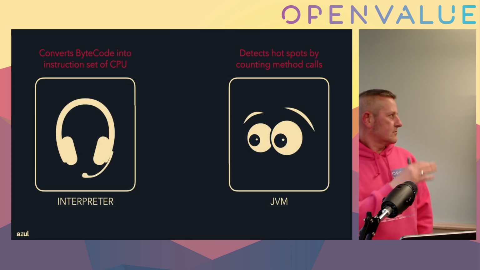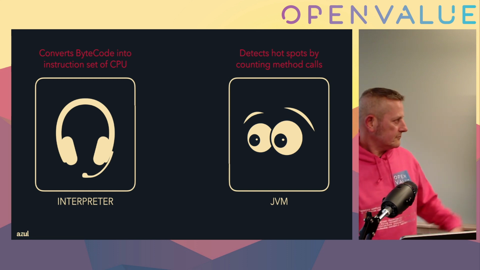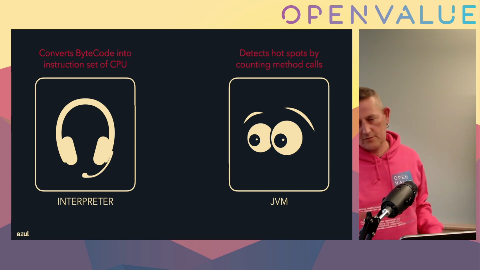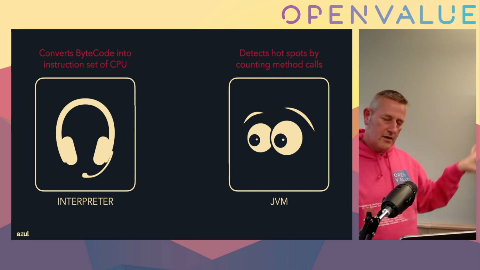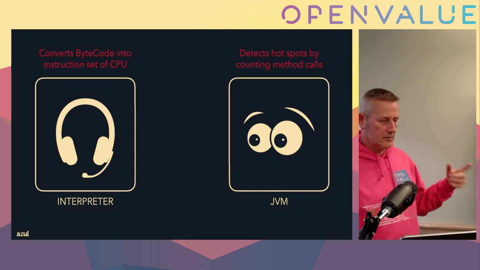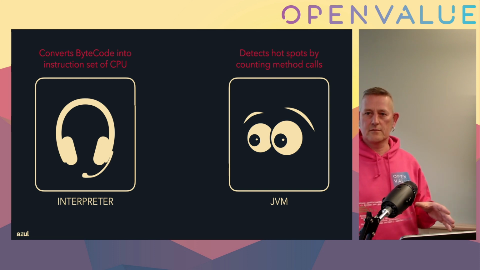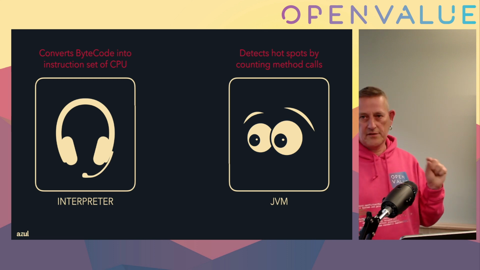What happens is the interpreter takes the bytecode from our class file, interprets it line by line, and converts it into the instruction set of the CPU. And the JVM is profiling it, it's looking at what's happening, it's counting methods. That's how often the method is called. Something that many people don't know: on the JVM, the smallest unit is the method.